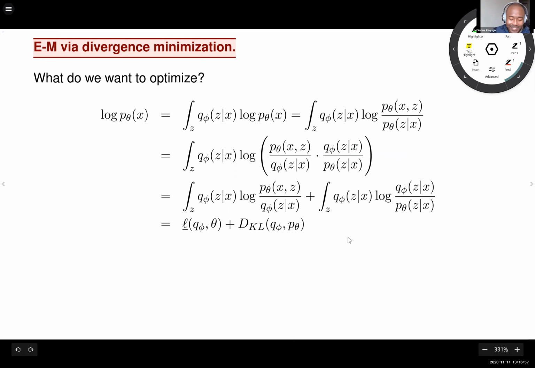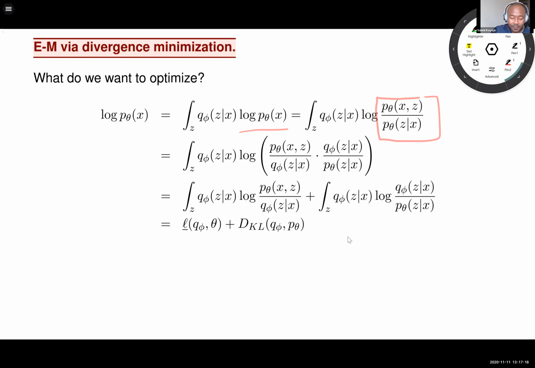Okay, so let's expand a bit on this. What we're going to do is now rewrite this via a ratio. All I've done here is write my P of X as the joint divided by the conditional.